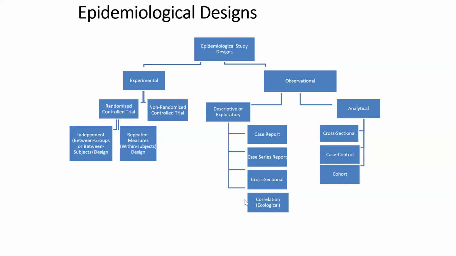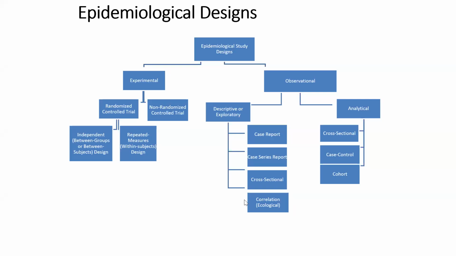This is directly opposite from what a cohort does, selecting people into groups based on the presence or absence of the risk factor. A case control selects people into groups based on the presence or absence of the disease. So using our same example of cigarette smoking and lung cancer, a case control will say lung cancer cases group 1, no lung cancer group 2.